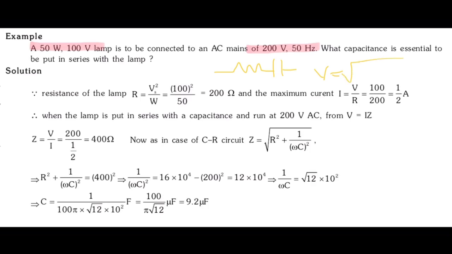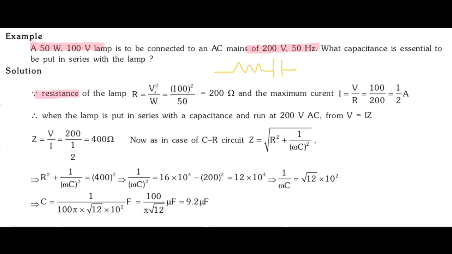The method is V equal to root of VR square plus VC square, which is the resultant voltage. Right now, just see the question: what capacitance is essential to be put in series with the lamp? We have to connect a capacitance in series with the resistor, then only it will work without any issues.